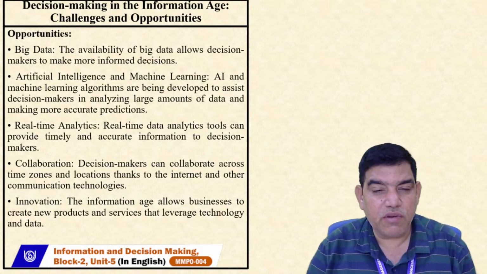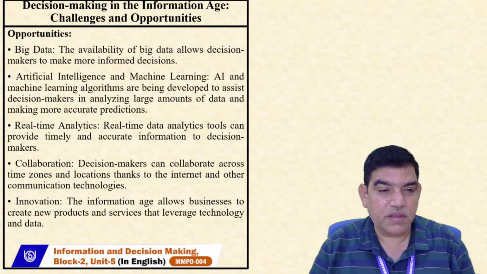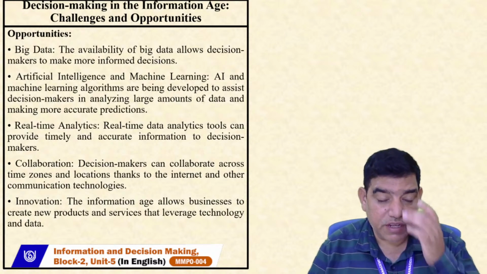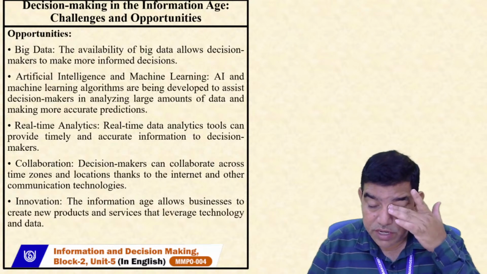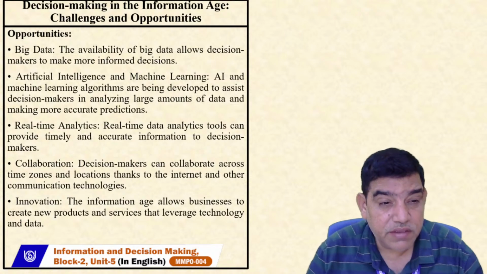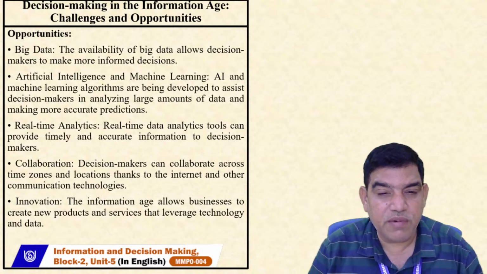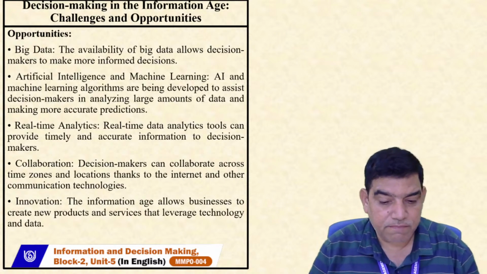Decision makers can collaborate across time zones and locations thanks to the internet and other communication technologies. Then innovation. What is the meaning of innovation here? To generate new products, new things, new ideas. That means innovation. The information age allows businesses to create new products and services that leverage technology and data.